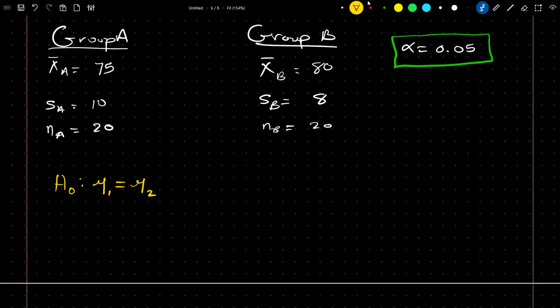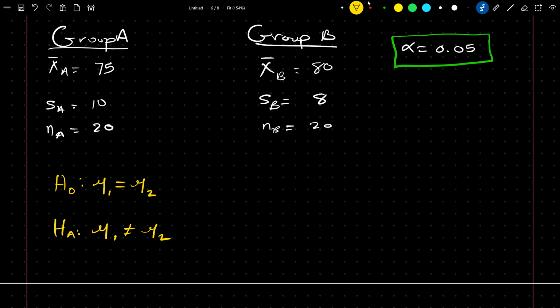In other words, the two groups come from populations with an equal mean, then the alternative hypothesis is just the negation of that, which in this case is that they're not equal.